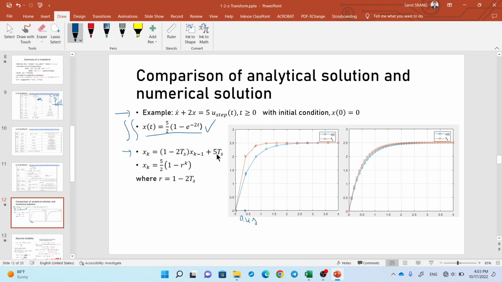It means the solution of this equation, which is this. So you can see that these two functions are not the same.